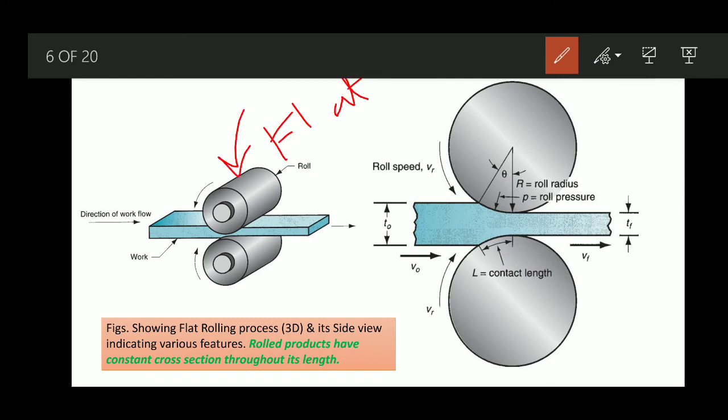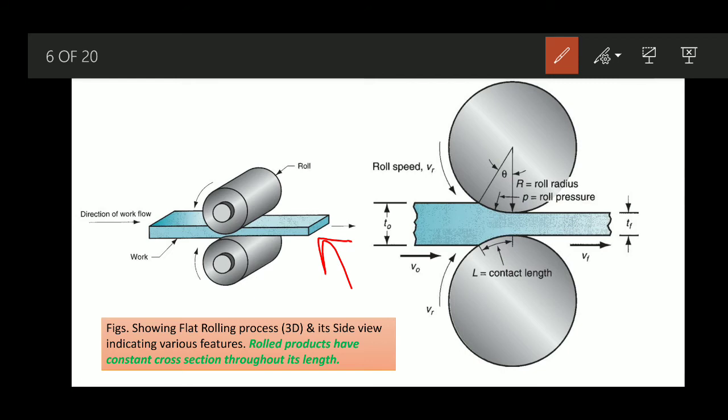By the word flat roller, don't get confused as if the roller itself is flat. Flat rolling is with respect to the final cross section of the rolled part.